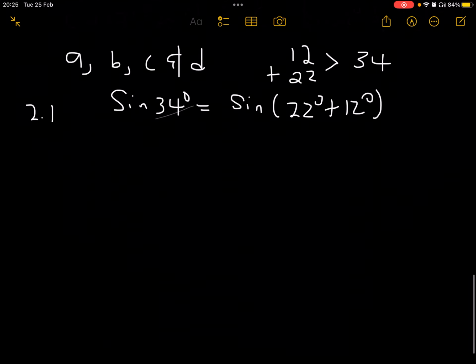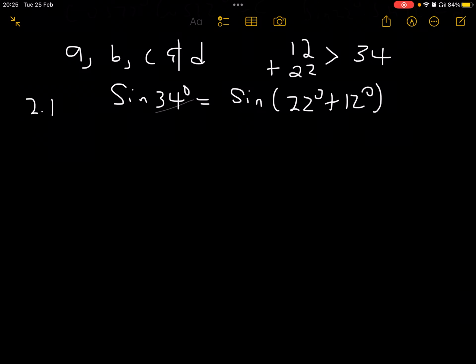Now in grade 12, there are compound angles and double angles. The compound angle for the addition of two angles for sine states that sine of alpha plus beta can be expressed as sine of alpha cos of beta plus cos of alpha sine of beta. And therefore, in this case, what I'm talking about is this.